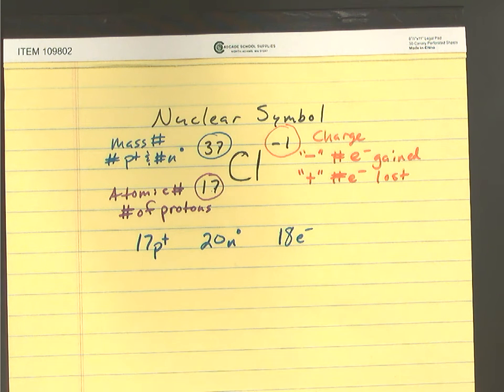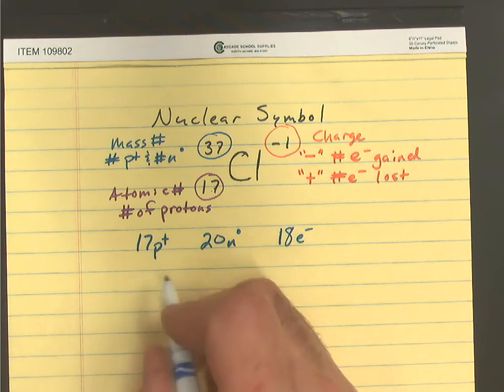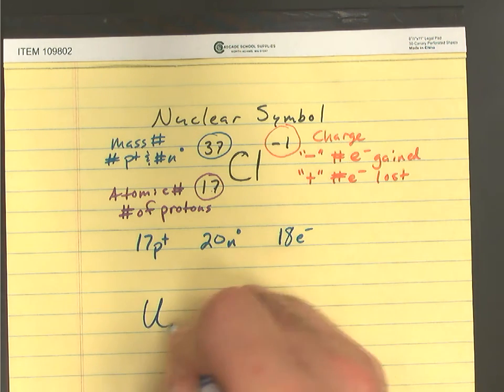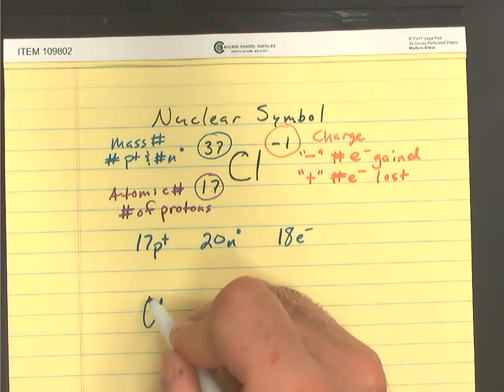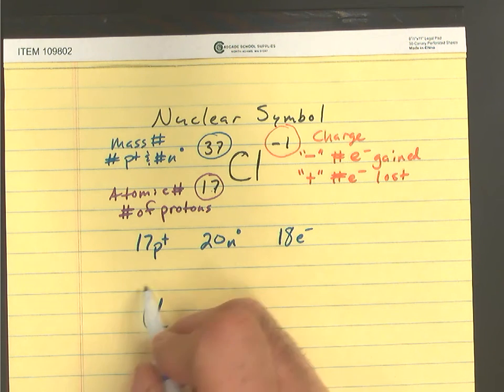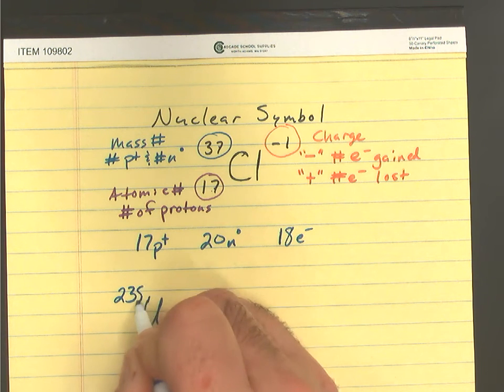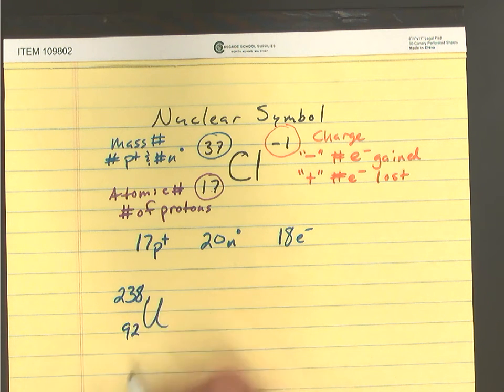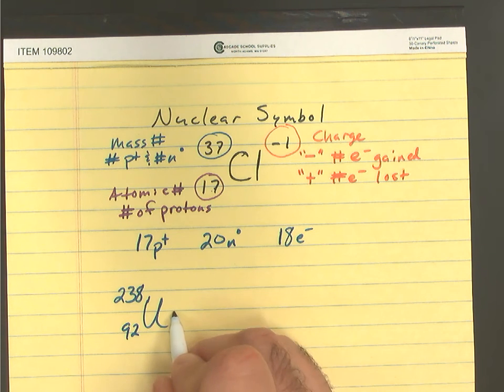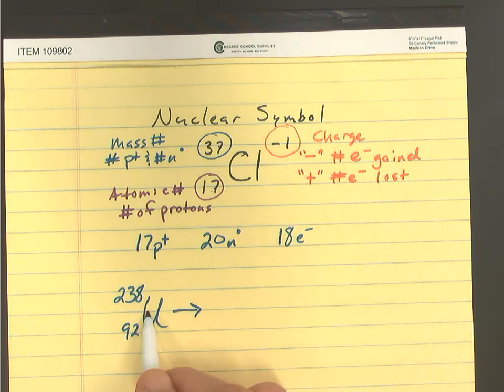Okay? What you're going to see today is a chemical reaction, but this is a nuclear reaction. So you'll see something like uranium 238, 92, and you'll see an arrow meaning this becomes what's over on this side.